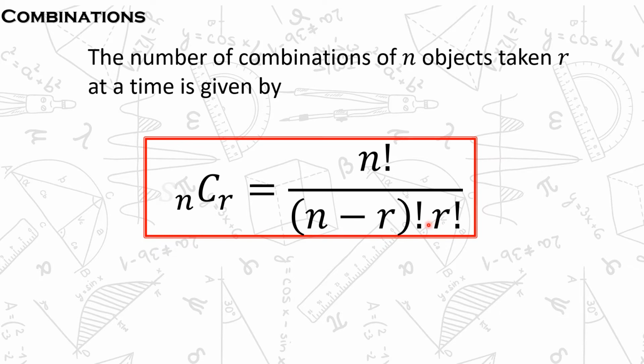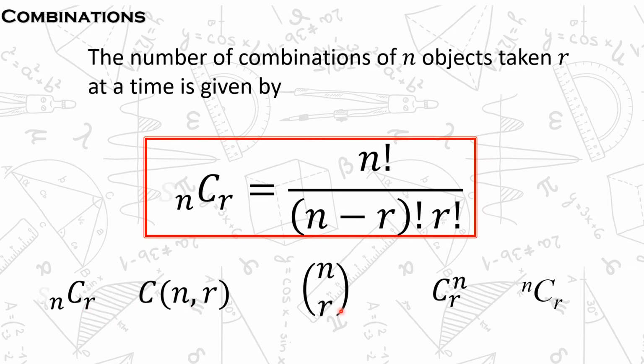In here, n and r are non-negative integers and r is less than or equal to n. nCr may be written in different notations. We have nCr, or we can say n choose r. All of these notations mean the same thing, which is the combination of n objects taken r at a time.